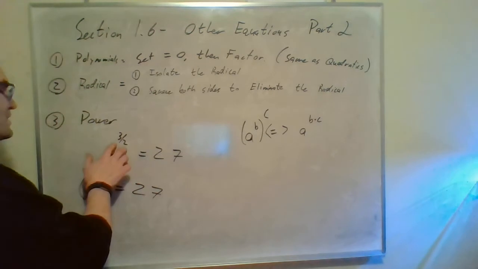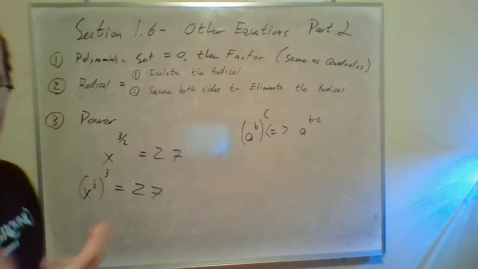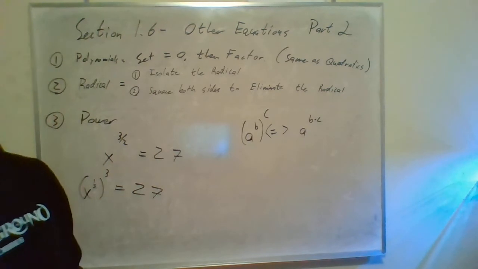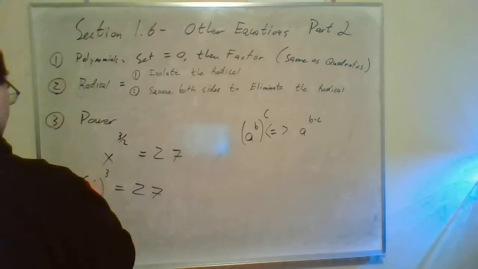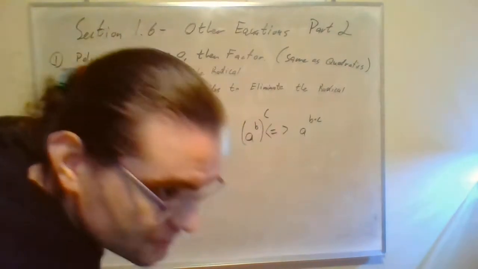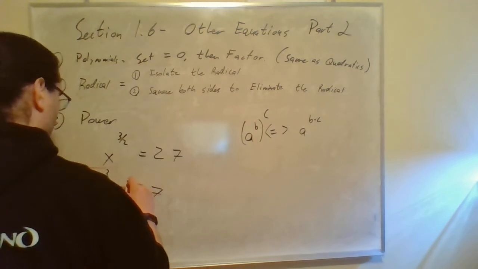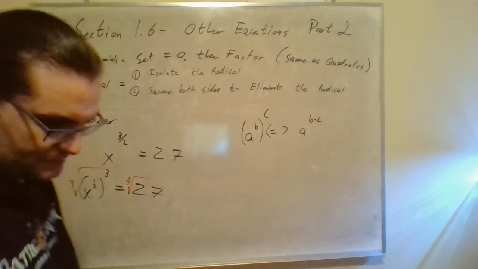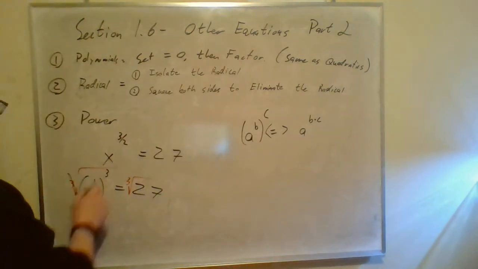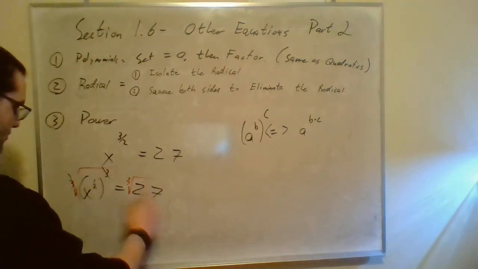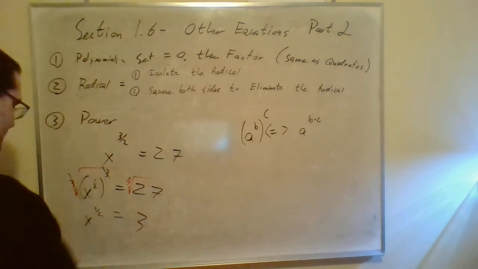When you split this power into two pieces like this, working with each piece individually becomes much easier. For example, right now, if we want to solve this for x, what we need to do is get a different colored marker and take a cube root of each side. The cube root will cancel the cubed, and the cube root of 27 is 3. So you're just left with x to the 1/2 equals 3.